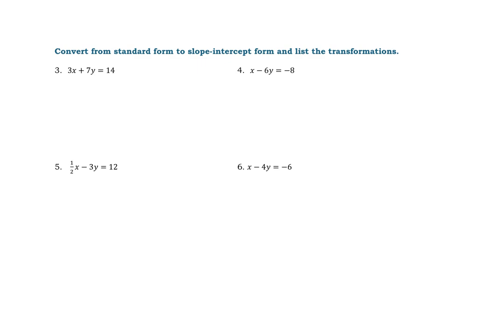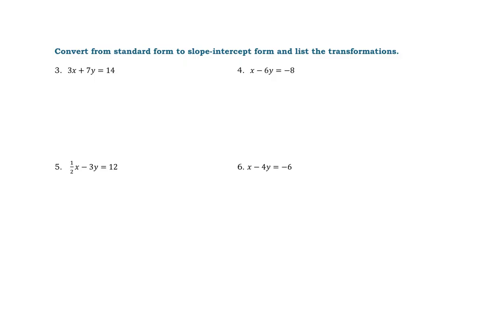Okay, now we're going to convert these equations into slope-intercept form. Manipulating equations is going to be very important for this year, so you need to make sure you can do it and remember how to do these from your Algebra 1 and hopefully some of your geometry year. So basically the biggest rule for solving for y, or putting it in slope-intercept form, would be to move the x term to the other side of the equal sign and divide by what's in front of y.